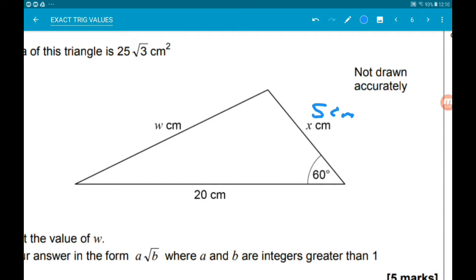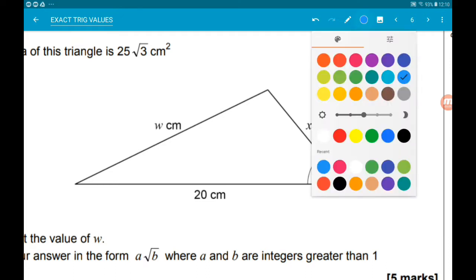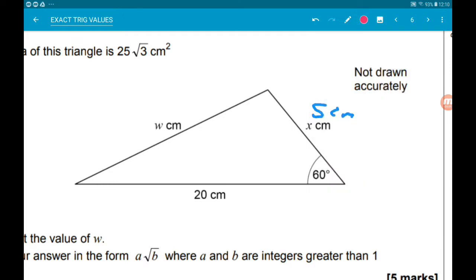Okay, so we can now use the cosine rule, just like we did in the previous question. So, again, we're looking for this side, so we're going to call that A, which makes this angle A, and then the other two sides.